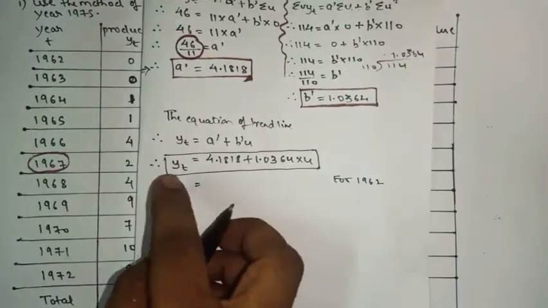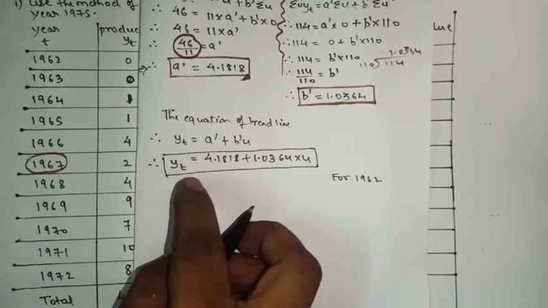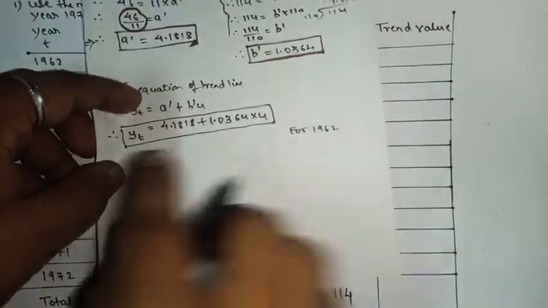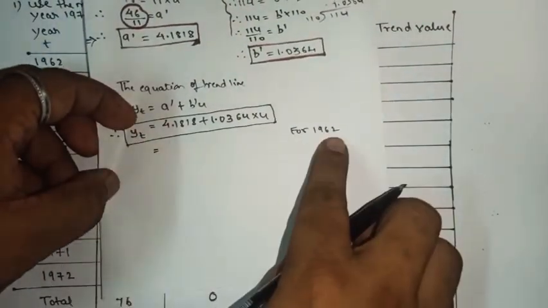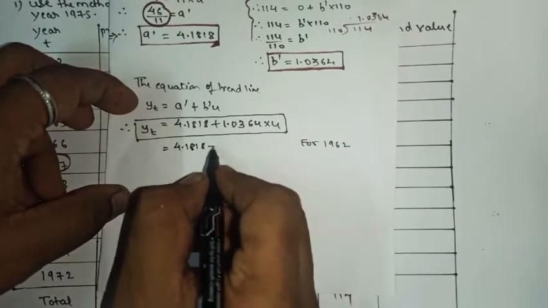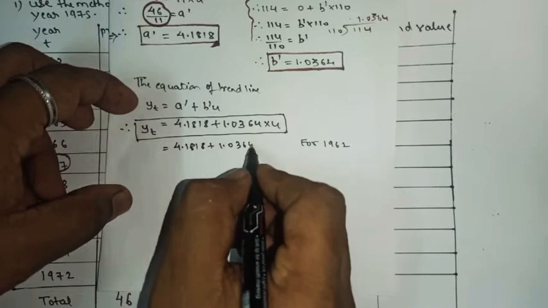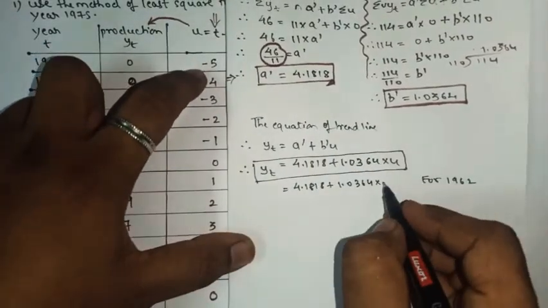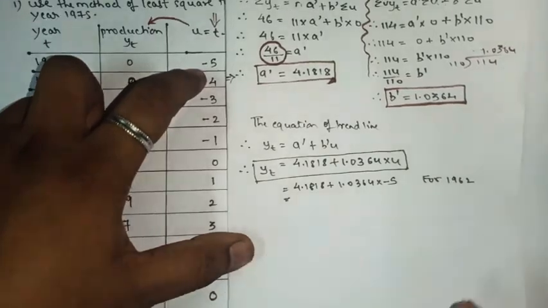So Yt, that means the trend value for the first row. Yt means for 1962, simply you will replace the value of u by -5. Yes or no? -5.